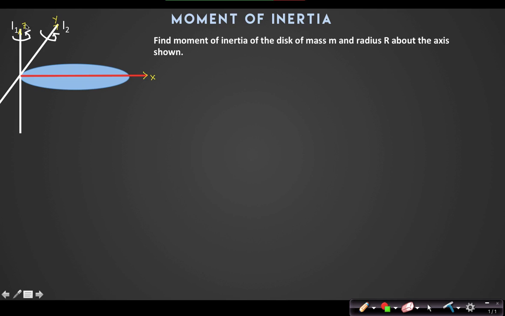Sir, I1 will be 3/2 m r square. Yes, sir. What about I2? Same, I think. No, not same. 5 m r square by 4. Yes, sir. 5/4 m r square.